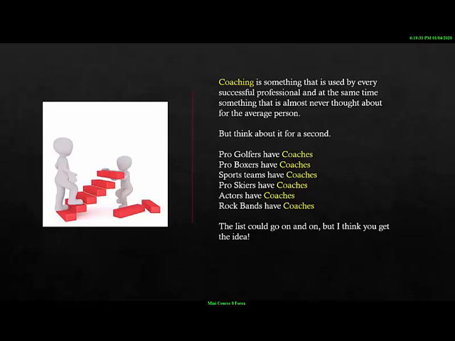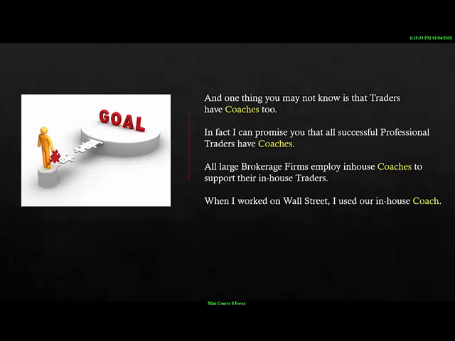And the list could go on, but I think you get the idea. One thing you may not know is that traders have coaches too. In fact, I can promise you that all successful professional traders have coaches. All large brokerage firms employ in-house coaches to support their in-house traders. And when I worked on Wall Street, I used their in-house coach all the time.